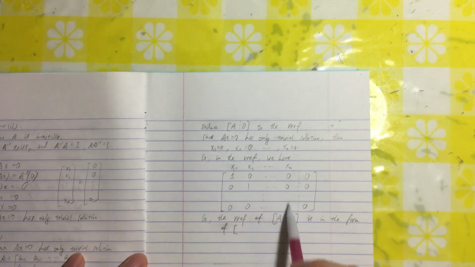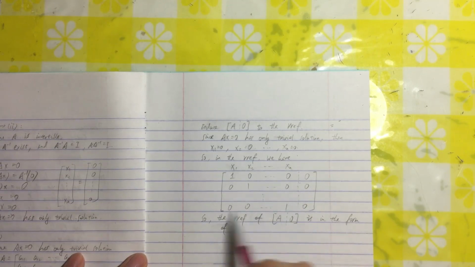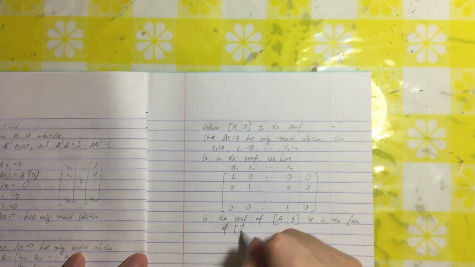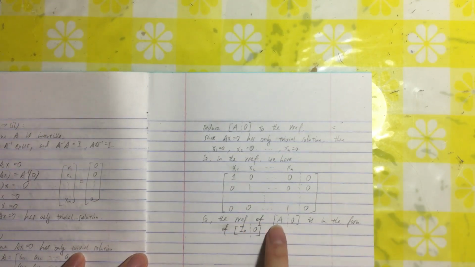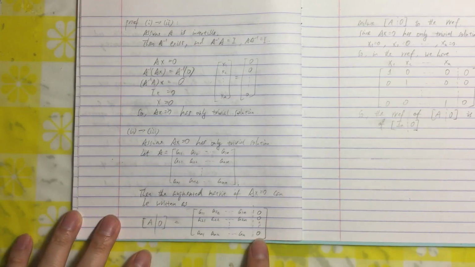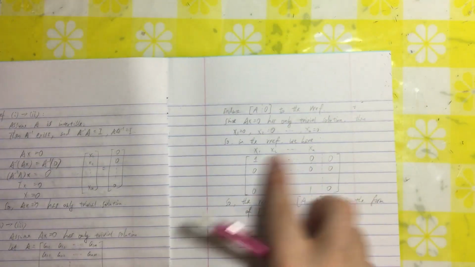This is the identity matrix with n rows and n columns. It's I_n followed by a column of 0. So the reduced row echelon form of [A | 0] equals [I_n | 0].